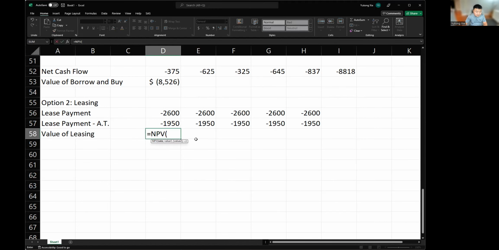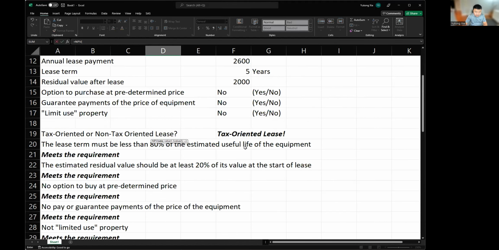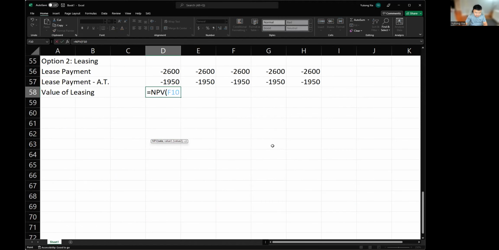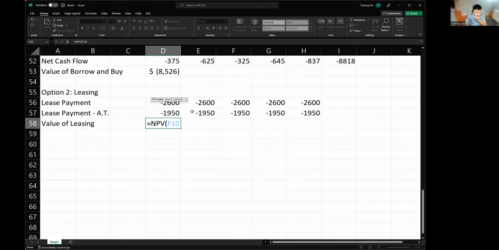So I need to do NPV of after-tax cost of debt and these 4 cash flows, plus this lease payment. Okay. Enter. So I got a number. Okay, so this is the 8481, so the same number.